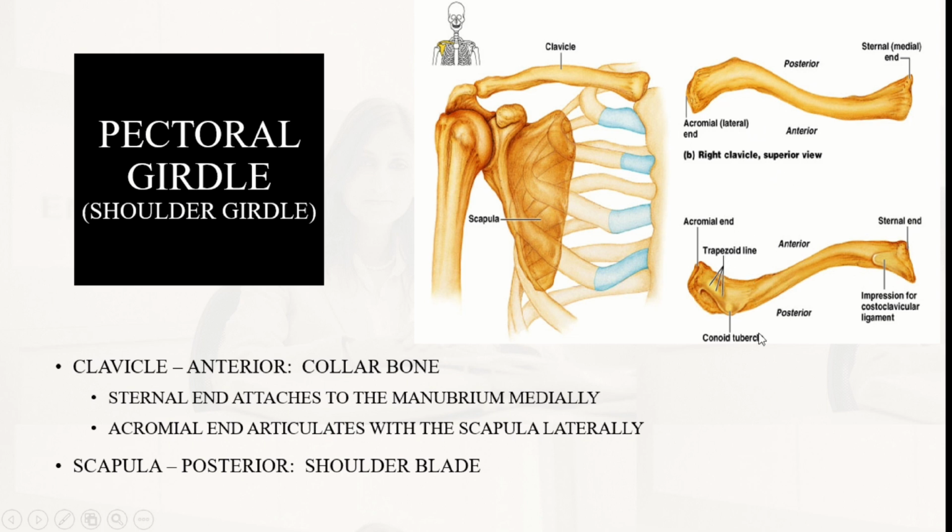Then the other is the anterior view, and in another view you have to know that the acromial end will be on this side, with the conoid tubercle and trapezoid line here, and the sternal end on this side, and the impression for the costoclavicular ligament. So this is typical of the pectoral girdle and the anatomy of the clavicle.